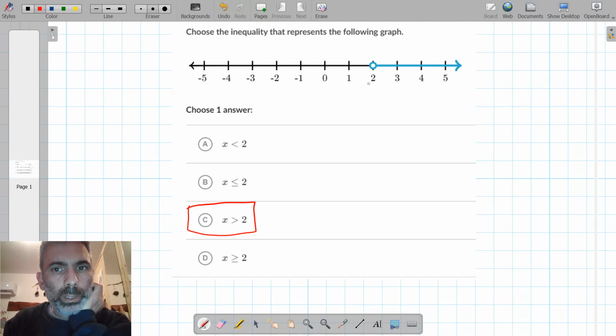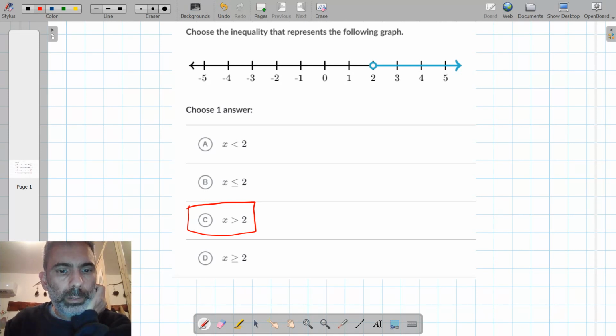X less than 2 means that the colored numbers should be to the left of 2. X less than or equal to 2, then the circle should be whole, and the pointed colored arrow should be to the left, not to the right.